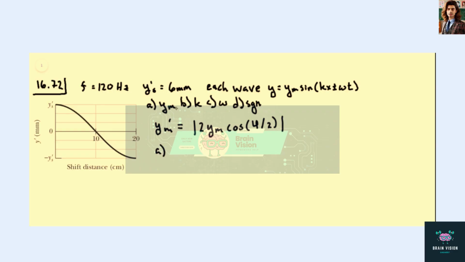So now for the amplitude of one of the waves, we can see if the distance of the phase shift is 0, that still corresponds to a 0 degree or radian or what have you phase shift. So y sub s prime is going to be twice the amplitude of one of these waves. We're told that the scale here is 6 millimeters, so this is 3 millimeters.